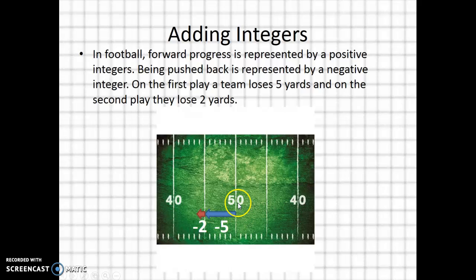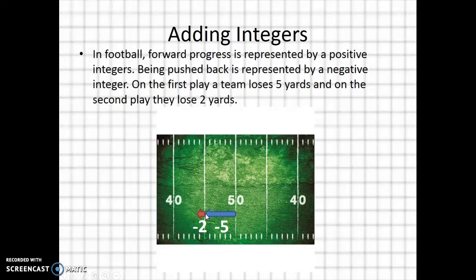Let's pretend our team here is starting at the 50-yard line, right? And if they move forward, that would be represented by a positive integer. But if they go backward, that's going to be represented by a negative integer. So our hypothetical team on the first play loses 5 yards, and on the second play they lose 2 yards.